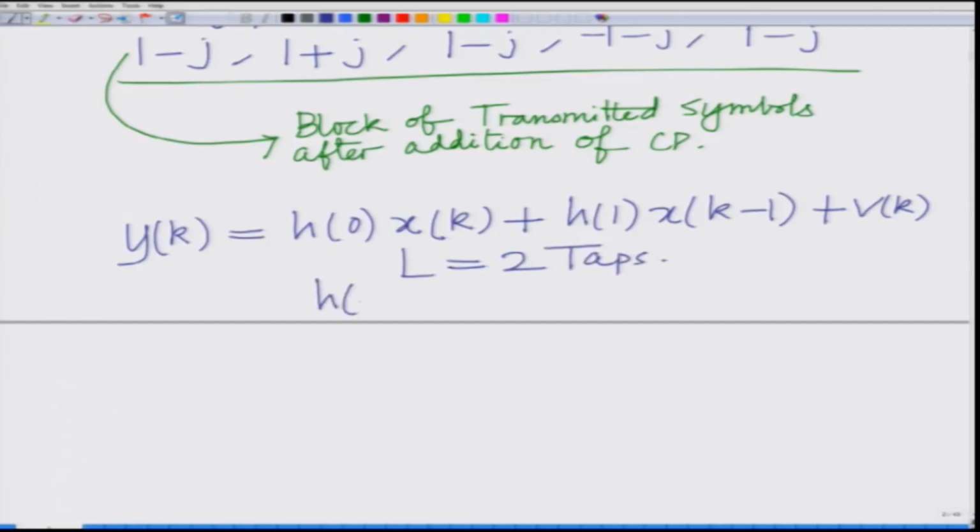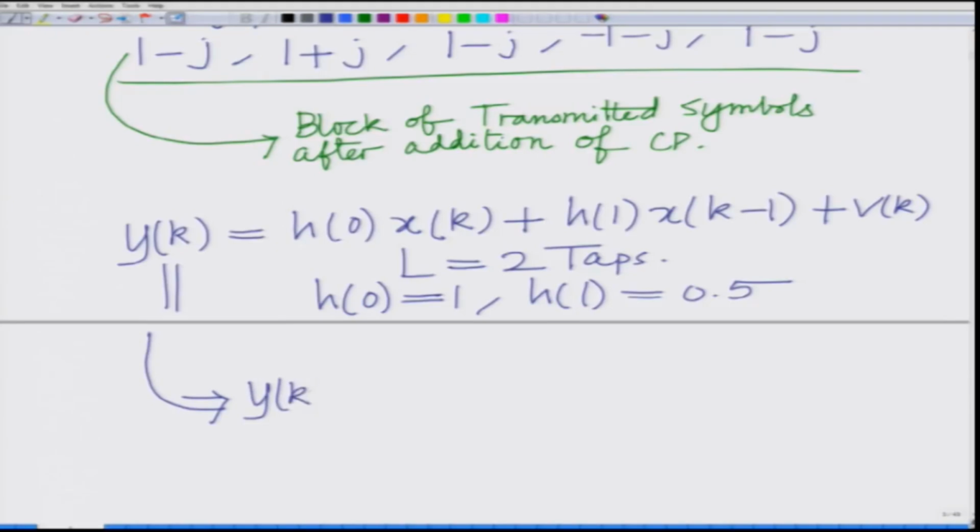For the purpose of this example, let us specifically set H0 equal to 1, H1 equal to 0.5, which implies yk equals xk plus 0.5 times xk minus 1 plus vk.